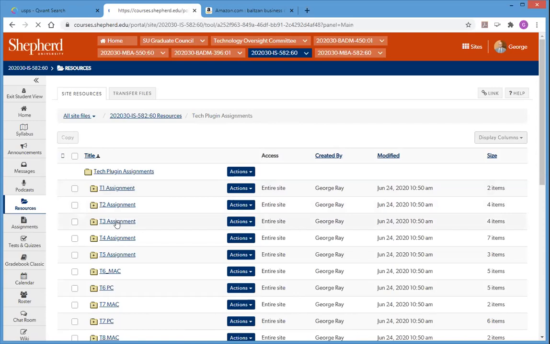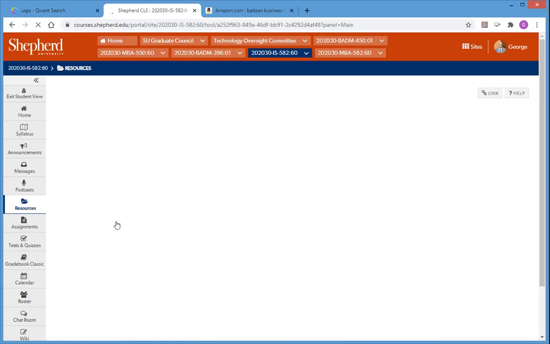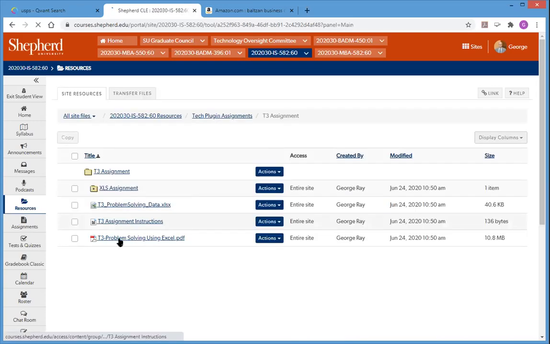So let's take a look at week 3. Here we've got a reading, we've got instructions, and this particular week we've got a worksheet that is used in the PDF reading. And likewise, we have a worksheet or a data set that is used for the actual assignment.